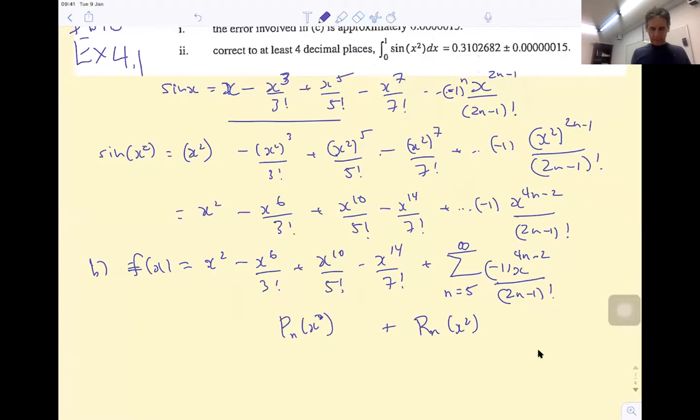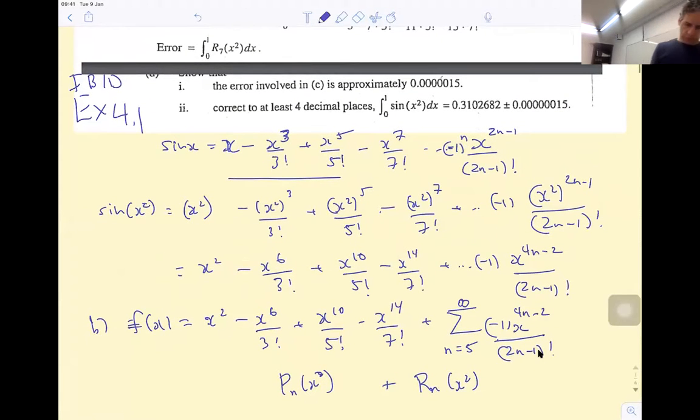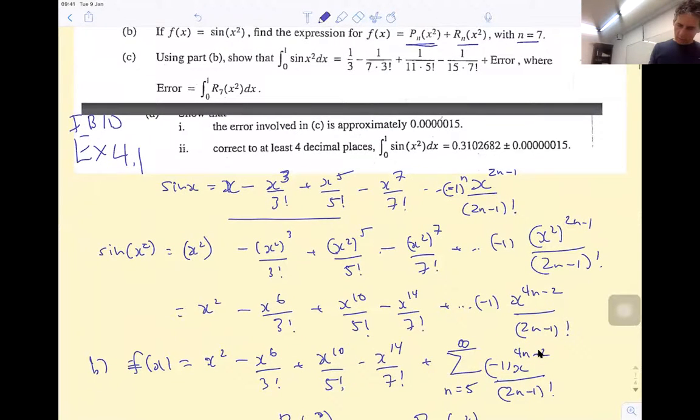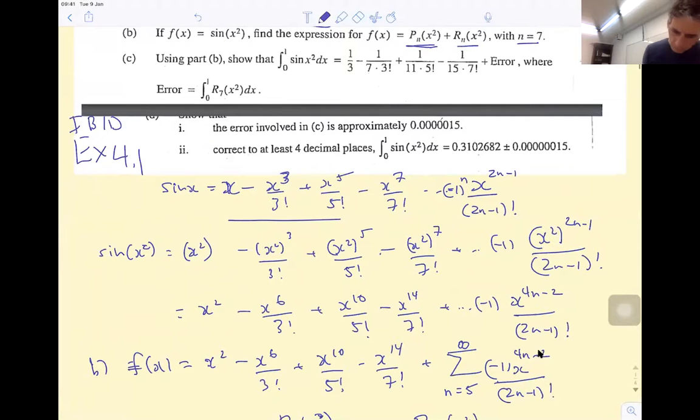So question C now says, part C says to show that this definite integral would be equal to this sum plus the error. And by the error, they mean the integral of all of these things here.